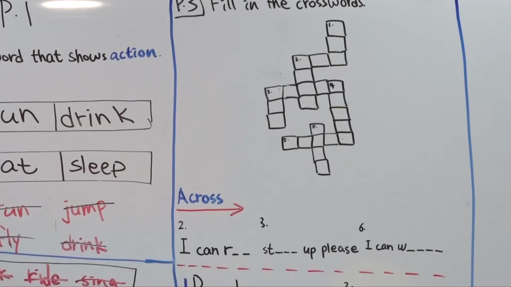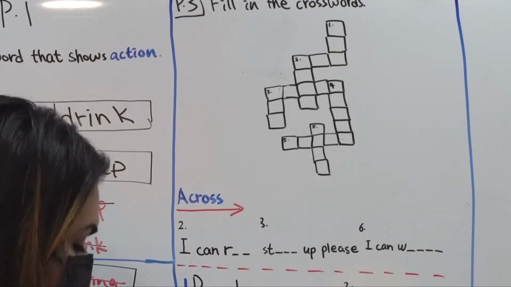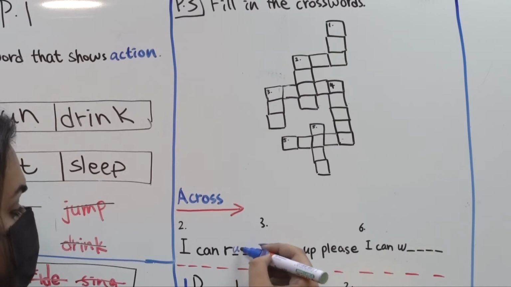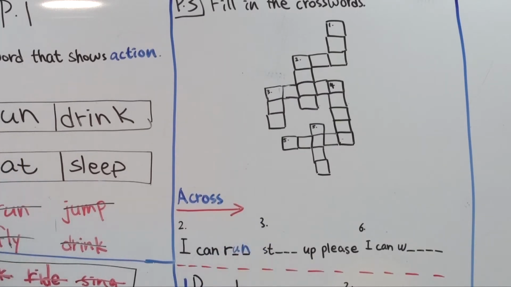He is running, right? So the action verb for this is I can run. So you write run here, but R has been done for you. How to spell run? 3, 2, 1. R-U-N. So you write this one first. Run.